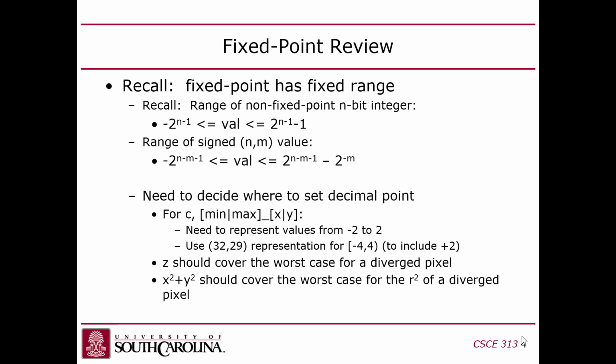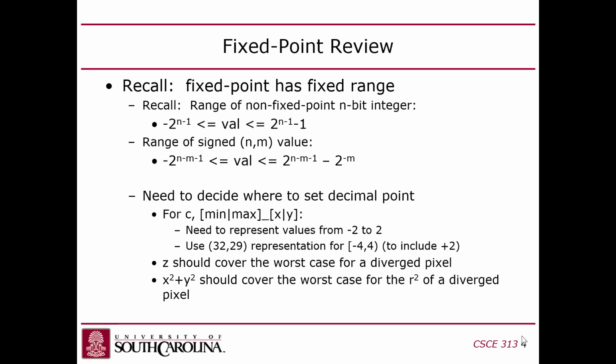If you have a fixed point number, now there's really no standard way to describe a fixed point number. The way I always did it was an n.m number, where n is the total number of bits, and m is the number of fractional bits that come to the right of the decimal point. I think that's the easiest way to describe it.